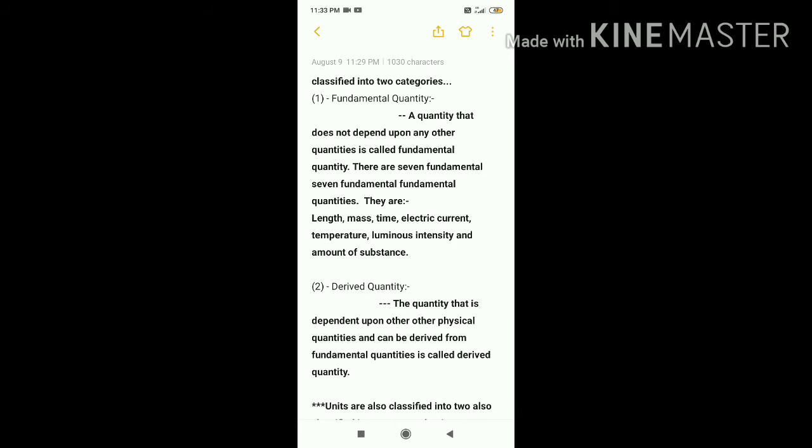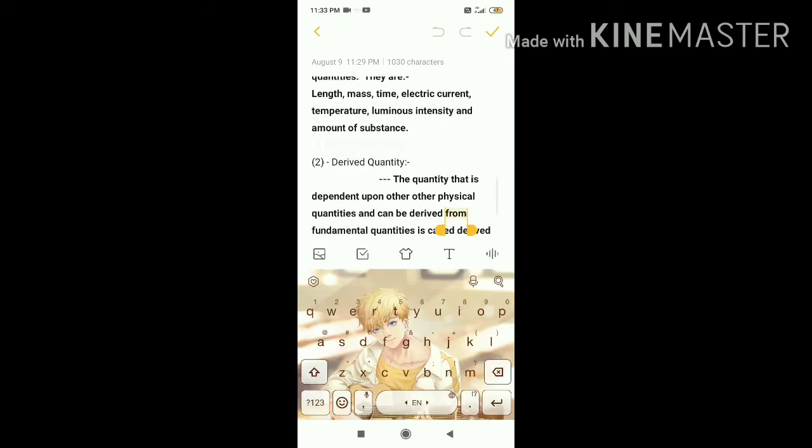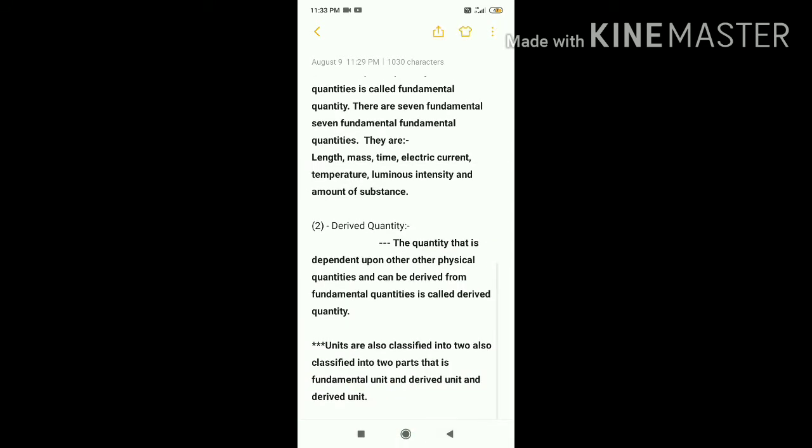Force is mass into acceleration. We know mass is a fundamental quantity and acceleration is meter per second square. Meter is the measurement of length and second square is the measurement of time. So we have seen that force, a derived quantity, is a combination of three fundamental quantities: mass, length and time.